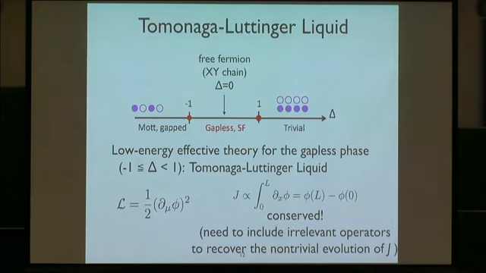But this is actually not really true if you go back to the microscopic model, because if you really try to describe the original microscopic model, the XXZ chain, beyond free bosons, then you must have some perturbation to this free boson Lagrangian. And those are irrelevant in the RG sense.